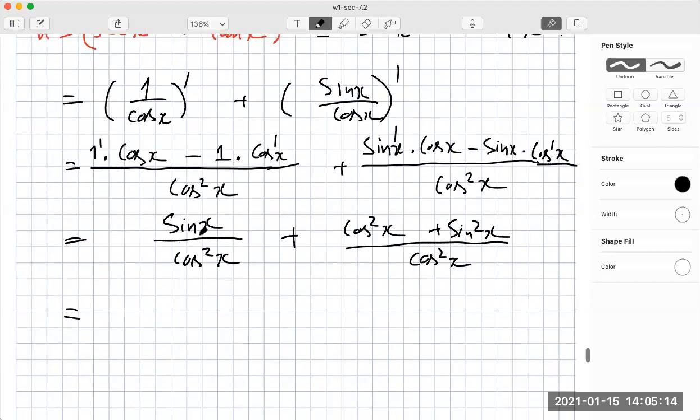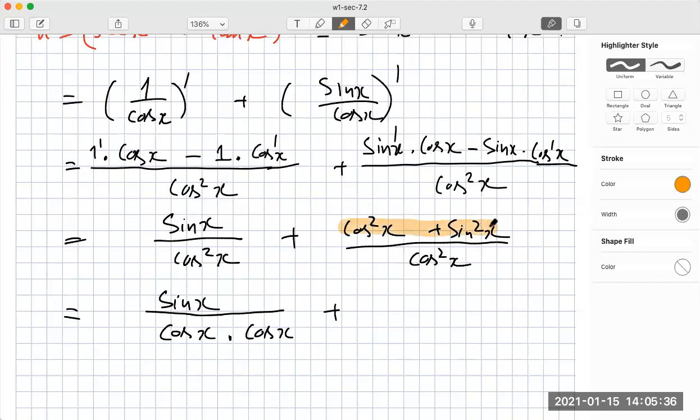The product here, we can always write it as a fraction, cosine squared, we write it cosine times cosine. Is that okay? Here, this guy, cosine squared plus sine squared, what is it? Yes, thank you. Very good. Cosine squared here, okay?